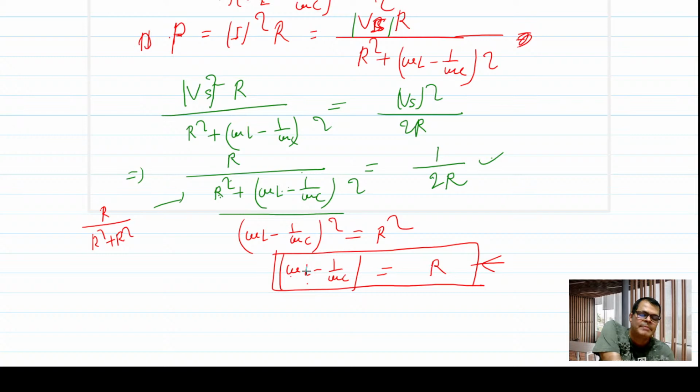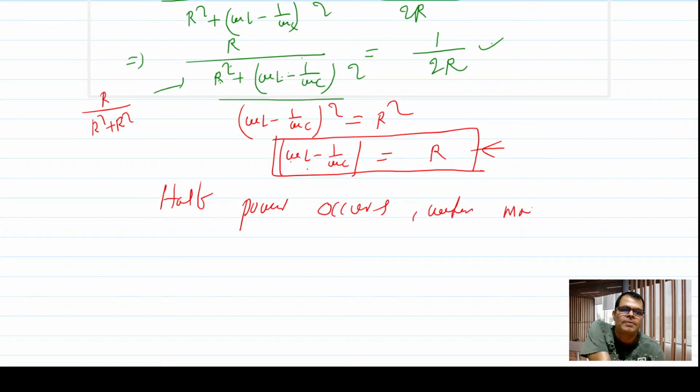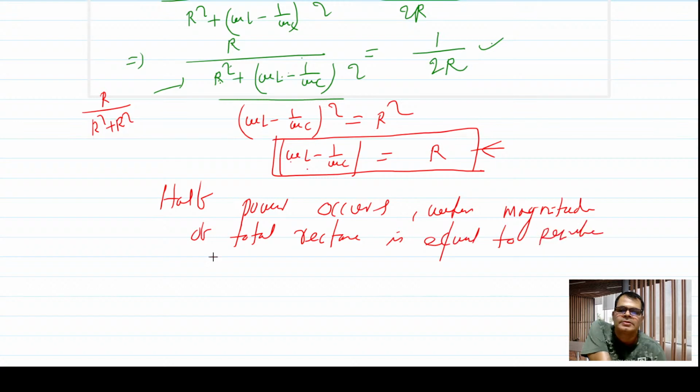Magnitude of total reactance is equal to resistance. Half power occurs when magnitude of total reactance is equal to resistance of the circuit.